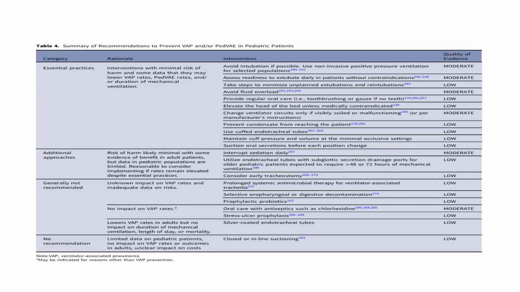So let's have a look at the SHEA guidelines on the prevention strategies for ventilator associated pneumonia. Essential practices include: avoid intubation if possible, and use non-invasive ventilation for selected populations.